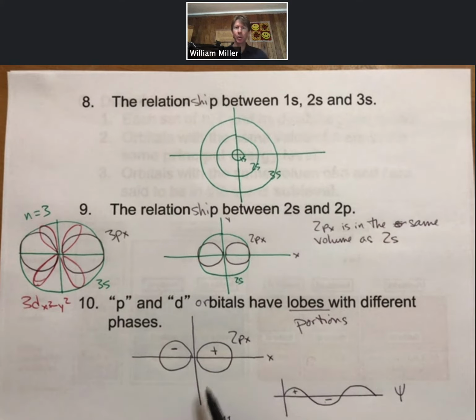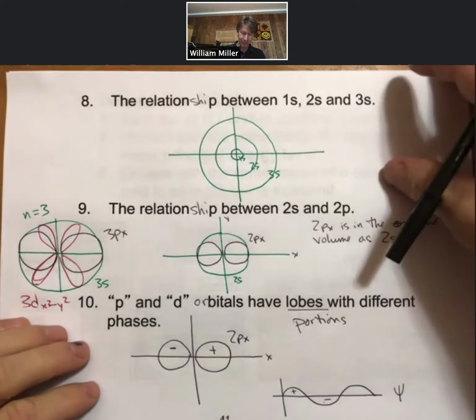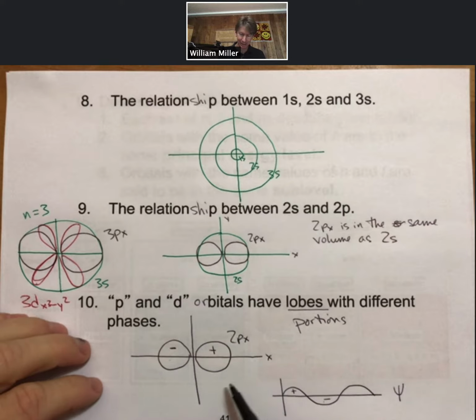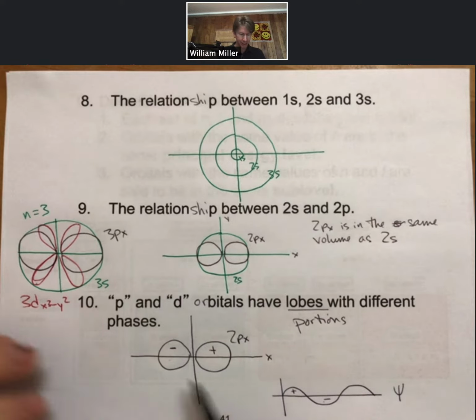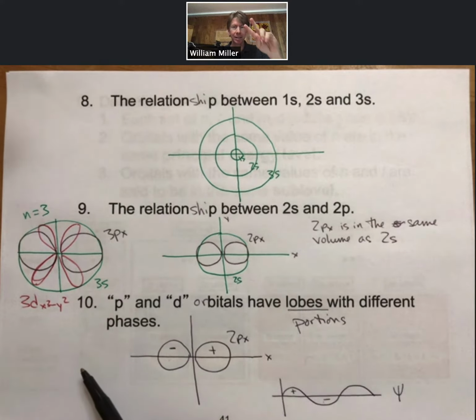And this will be important when we talk about constructive and destructive interference of orbitals later on. You'll sometimes see them with different colors in them or with pluses and minuses in them to tell them apart. If you have 4 parts, there will be 2 positive and 2 negative lobes for a d orbital.